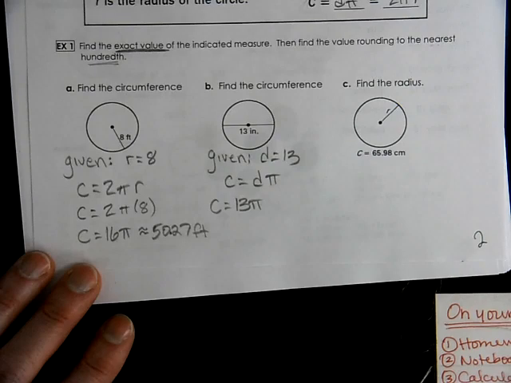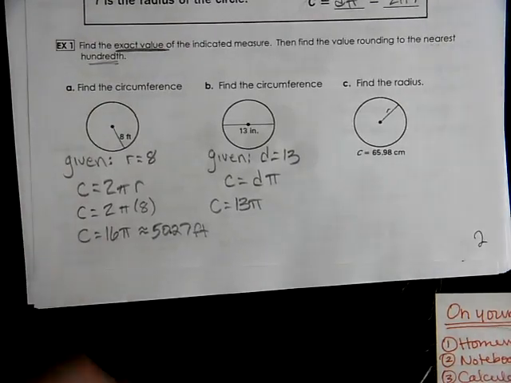That would be considered an exact answer, because pi requires a decimal, and a decimal is going to be rounded. Pi is a decimal that is a rounded value. It should be irrational and go on forever. So it's always a rounded value at some point.